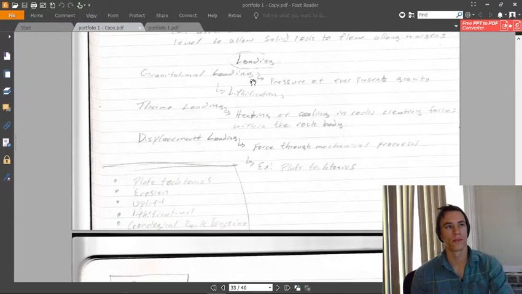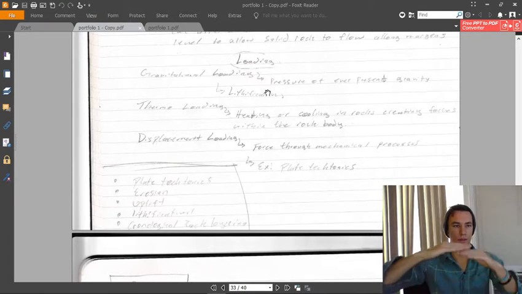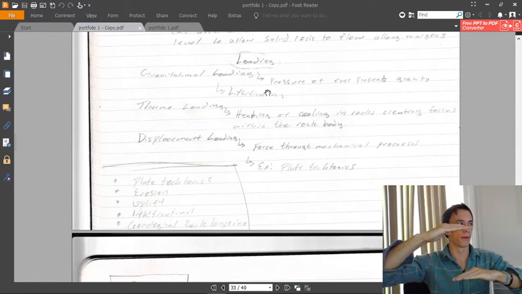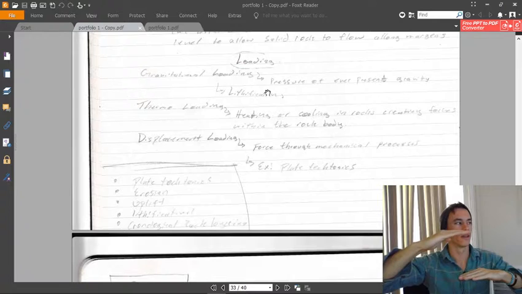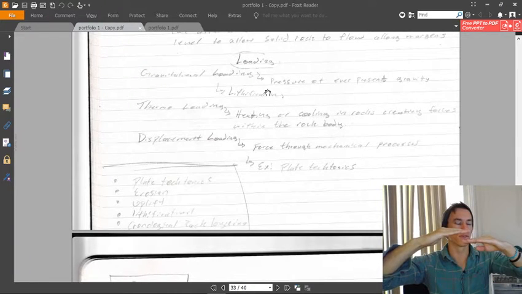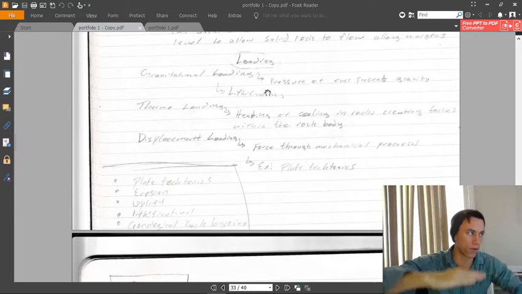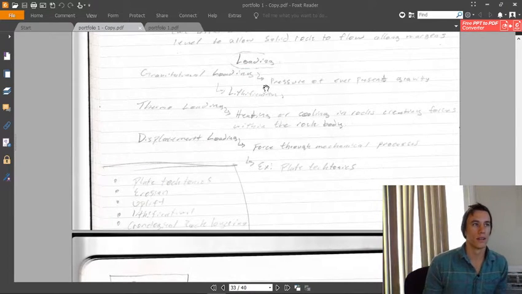Loading: gravitational loading is the pressure of ever-present gravity, lithification. As material gets buried deeper and deeper, the amount of force increases on it with the weight that is upon it. Something directly at the surface isn't going to have as much force on it from gravity as something 10 miles deep, which has all of the rock pushing down on it.